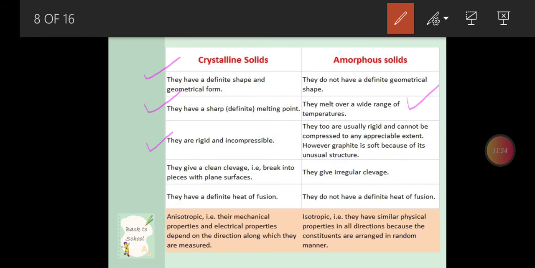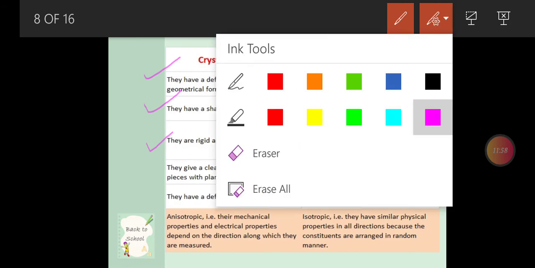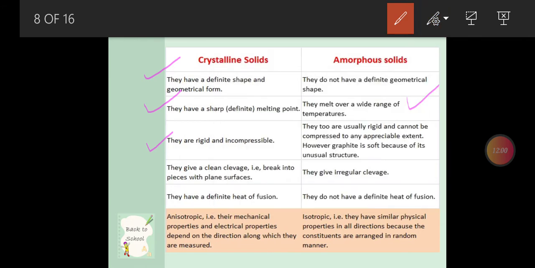All right, the rest is not exactly related to you, so you are not going to involve it. These 4 points are more than enough for comparison for you to learn at the moment.